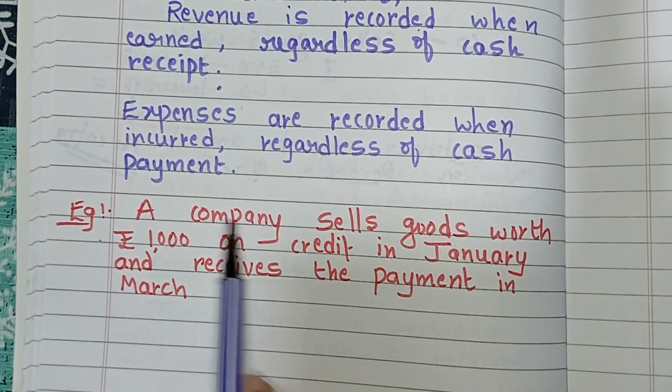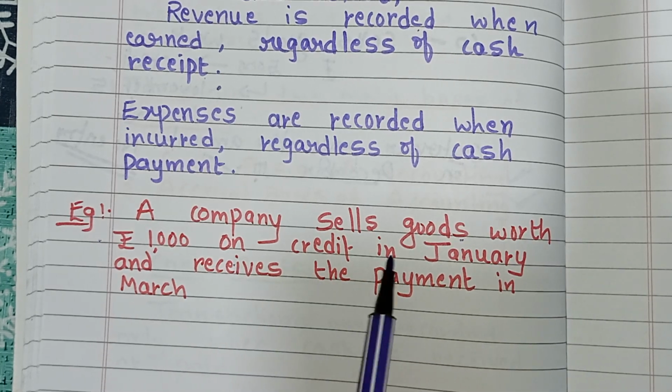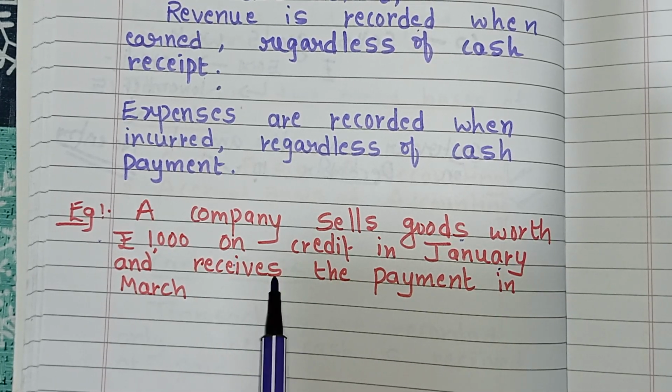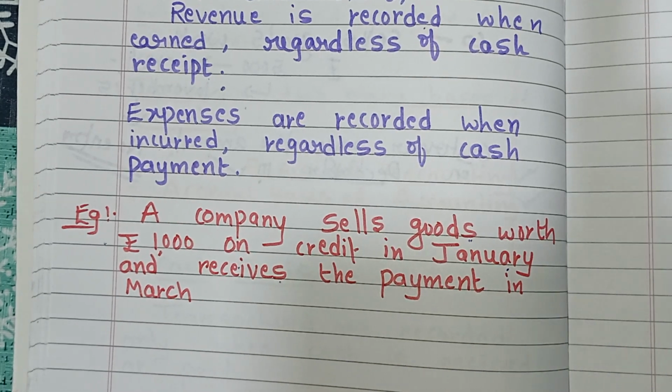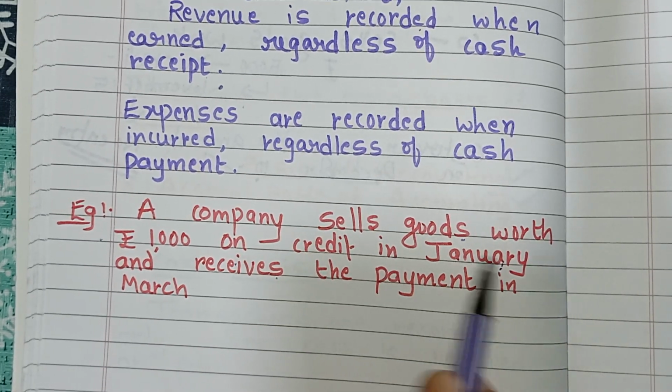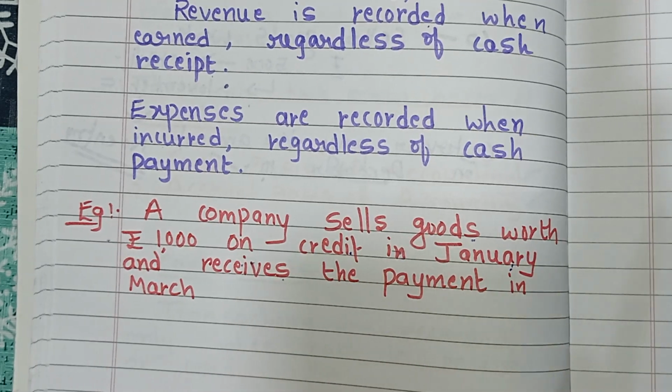For example, a company sells goods worth rupees 1000 on credit in January and receives the payment in March. The company sold the goods in January on credit and receives the payment in March.